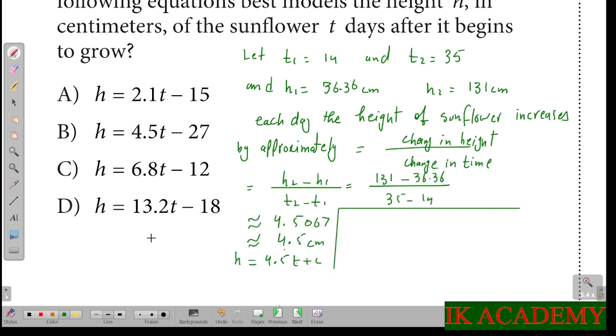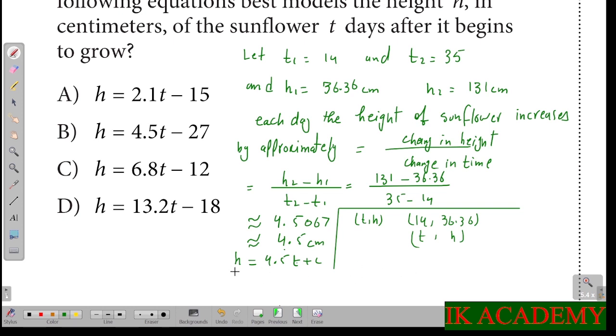By using any order pair of t and h, we can find the value of c. So I'm going to use the first order pair, which is at 14th day the height will be 36.36. So t is 14 and the height h is equal to 36.6.